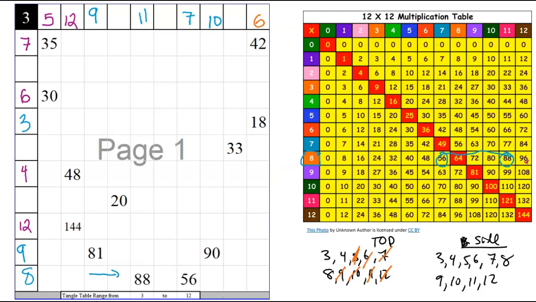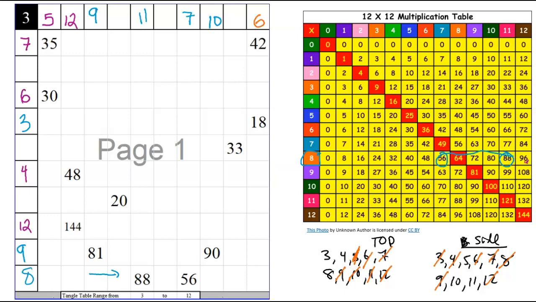So I only have 3, 4, and 8 left over. On the side, I've used 7, 6, 3, 4, 12, 9, and 8. Okay, so I gotta keep going. Now I don't think I have any 2 numbers left in any of the columns. So now it is a puzzle of what's left over.